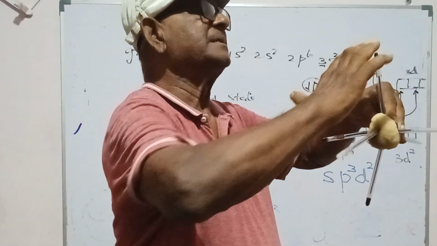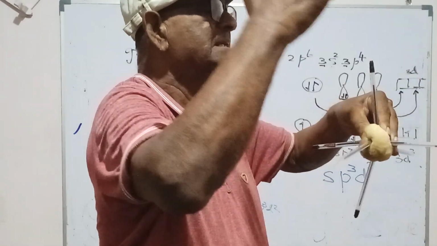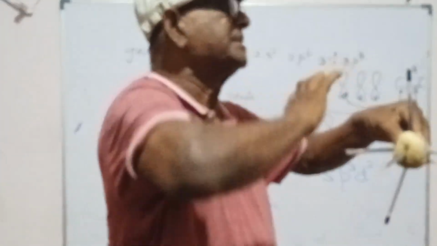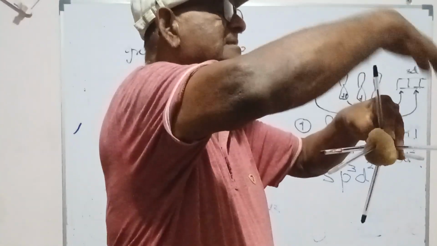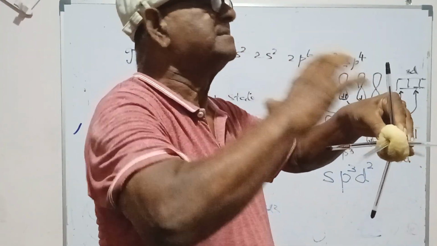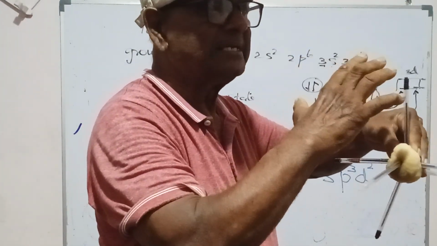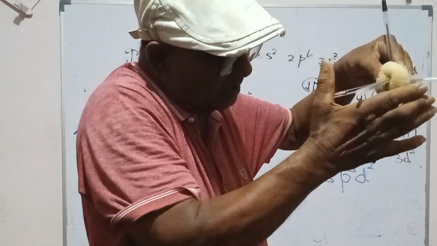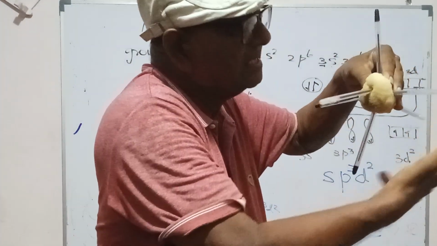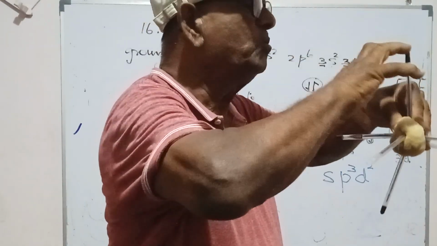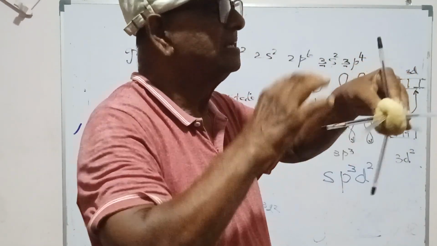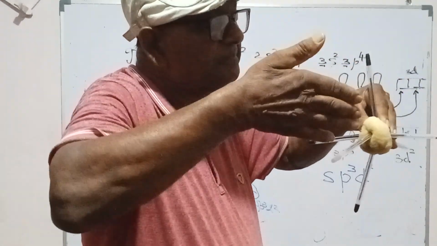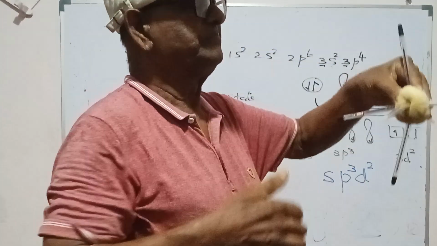On the square plane, a pyramid with four faces. It is the square pyramid. Below also a square pyramid. So there are two square pyramids with the common square plane.